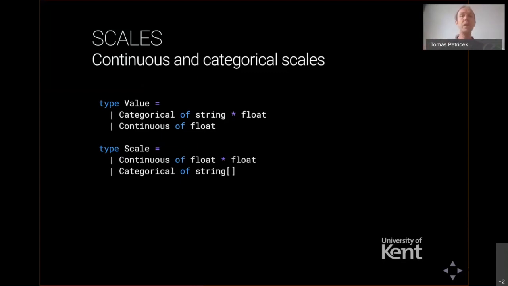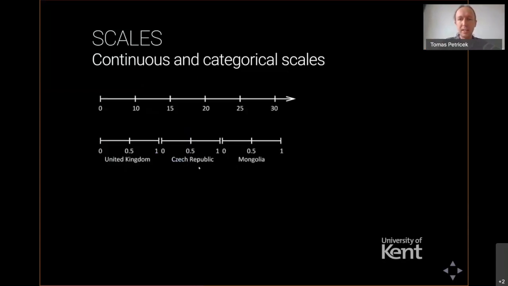A value can be a continuous, that's a number somewhere on that continuous scale, or a categorical, in which case it's the name of the category together with a position where in that area you are.